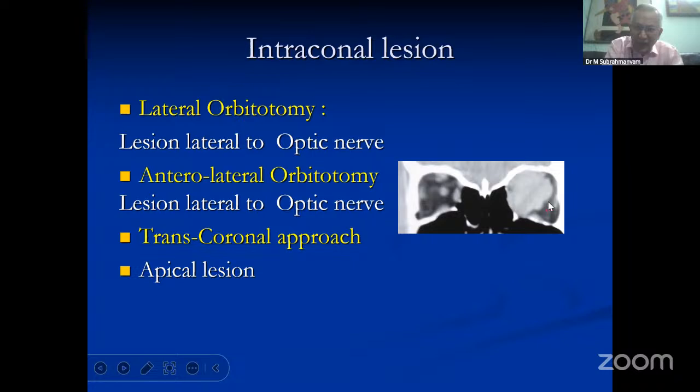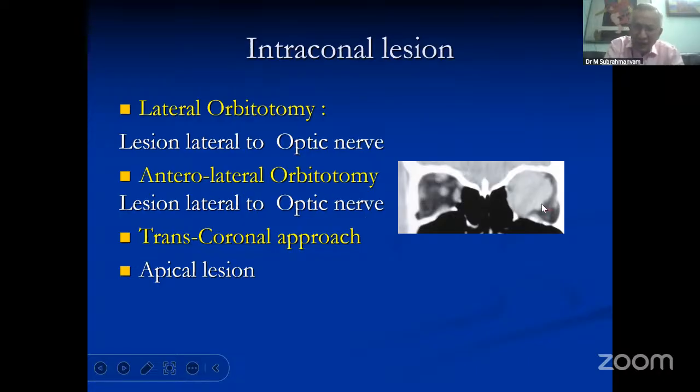If it is lateral, we can remove the lateral bone if necessary and take it out like this. That is the lateral orbitotomy. So lateral orbitotomy is indicated in lesions lateral to the optic nerve. But if the lesion is medial to the optic nerve, as in this case, we do the anterolateral orbitotomy.